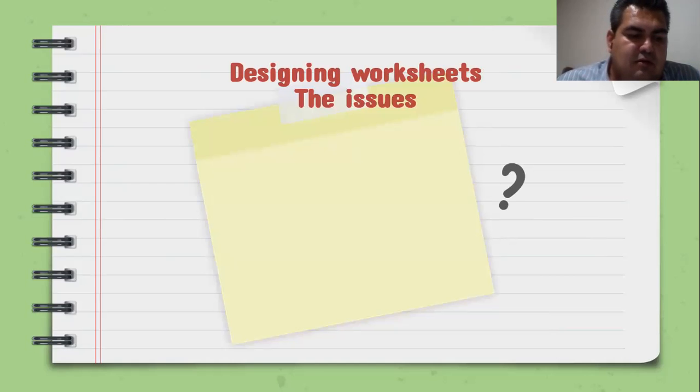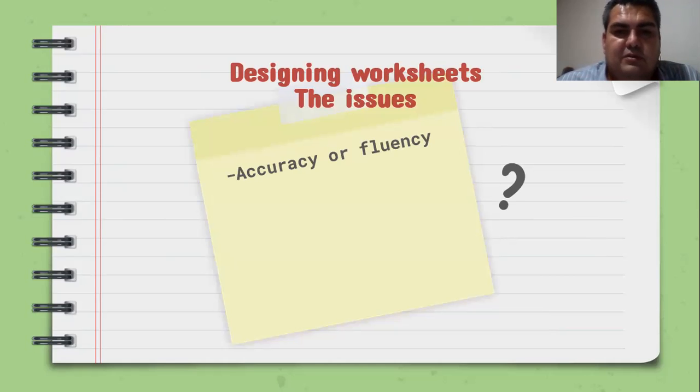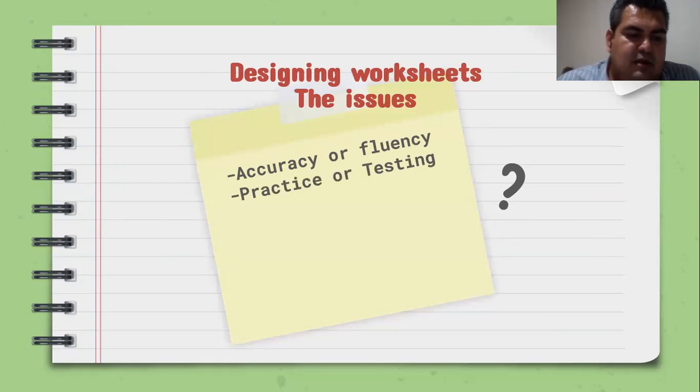For instance, we have to think about accuracy or fluency. It is related to the relationship between the format of the exercises and the purpose that they are intended for. We have practice or testing. In a practice situation, we provide support, but when we are testing, we do not provide support because we have to know if they acquired the content. Differentiation or motivation.